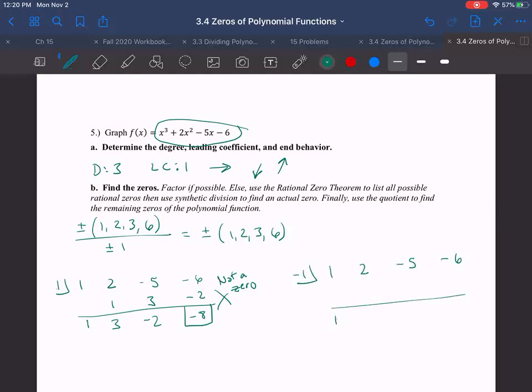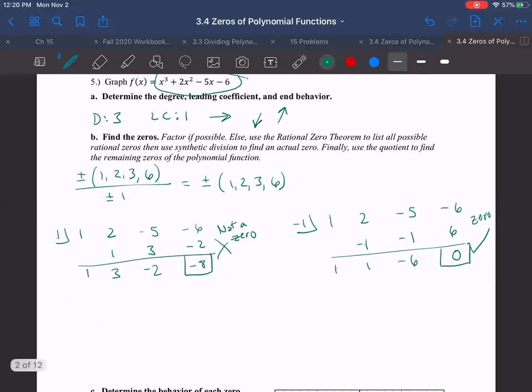Then -1 times 1 is -1. 2 plus -1 is 1. 1 times -1 is -1. -5 plus -1 is -6. -1 times -6 is 6. And -6 plus 6 is 0. Therefore, this works. That is a 0. It has a remainder of 0, so it works.